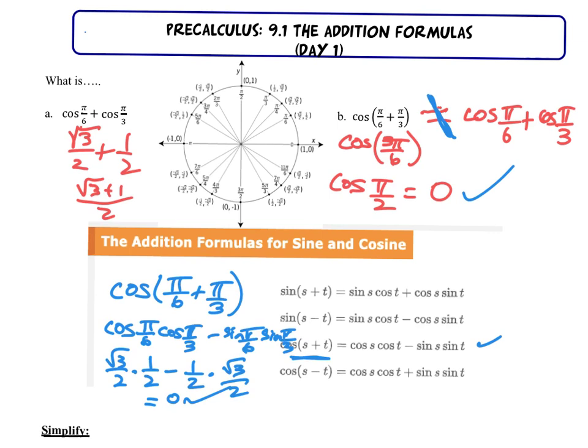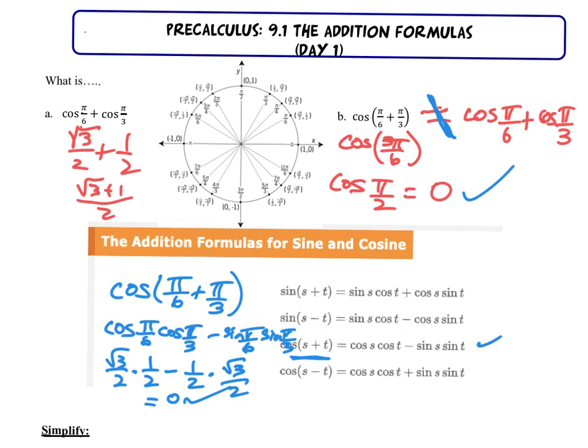So let's talk about the formulas. If I want to add two angles and take the sine of the sum of the angles, that ends up being sine s cosine t plus cosine s sine t. Notice that the pattern for subtraction follows the same sine, cos, sine, but the sign changes to a negative.